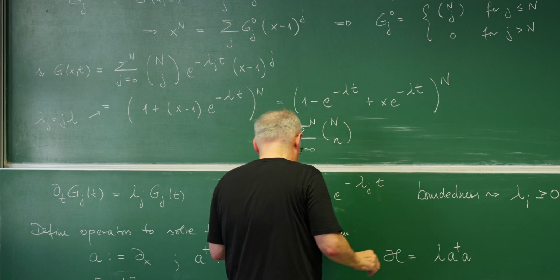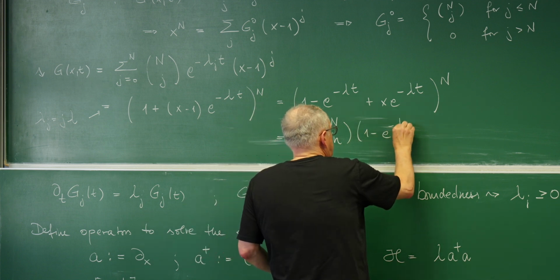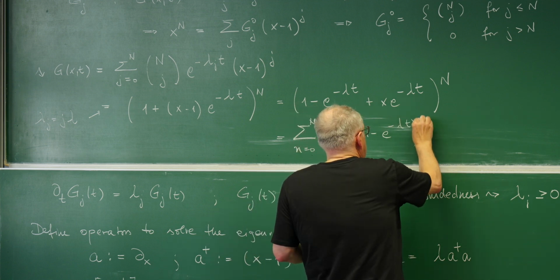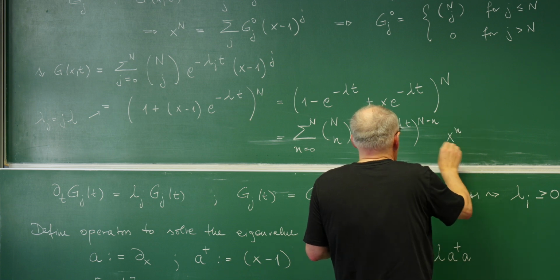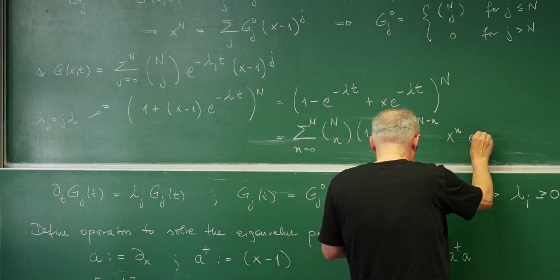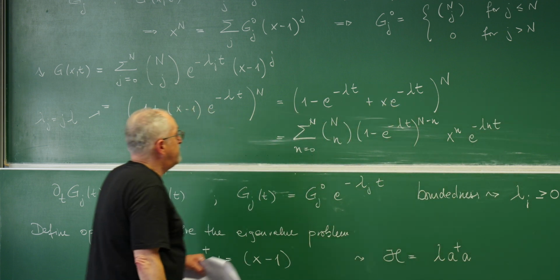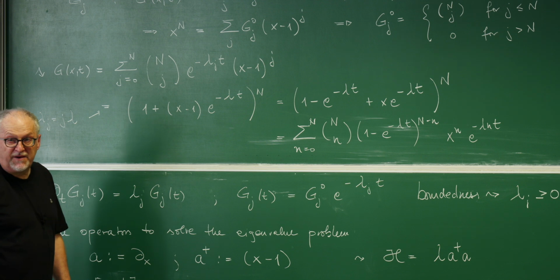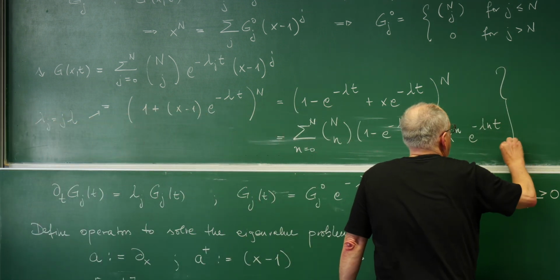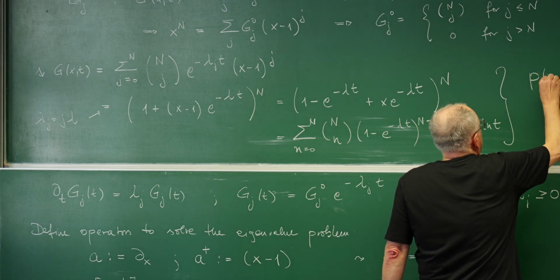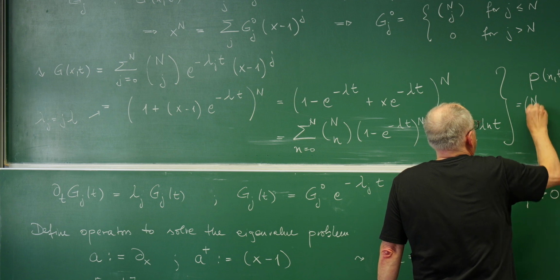Now, the sum from n equals 0 to N of N choose n, (1 minus e to the minus lambda t) to the N minus n, x^n, this is the second term, e to the minus lambda n t. Okay. And now you can directly read off what the probability distribution function is. So from that you see that p_n(t) is this binomial expression.